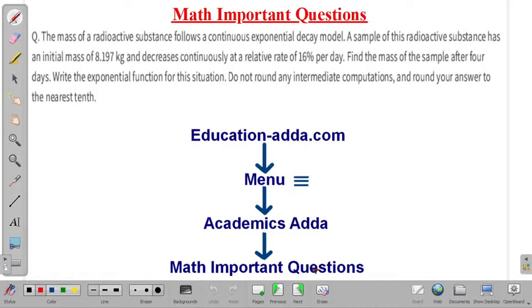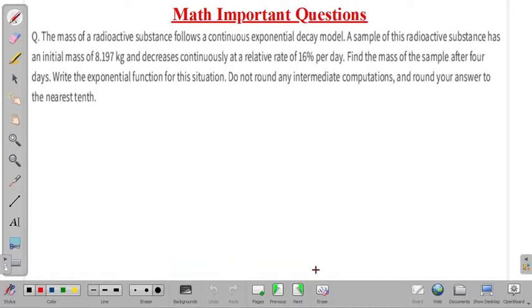Okay friends, so coming back to the given problem, what is given here? The mass of a radioactive substance follows a continuous exponential decay model. A sample of this radioactive substance has an initial mass of 8.197 kg, and it is also given that the mass decreases continuously at a relative rate of 16% per day.